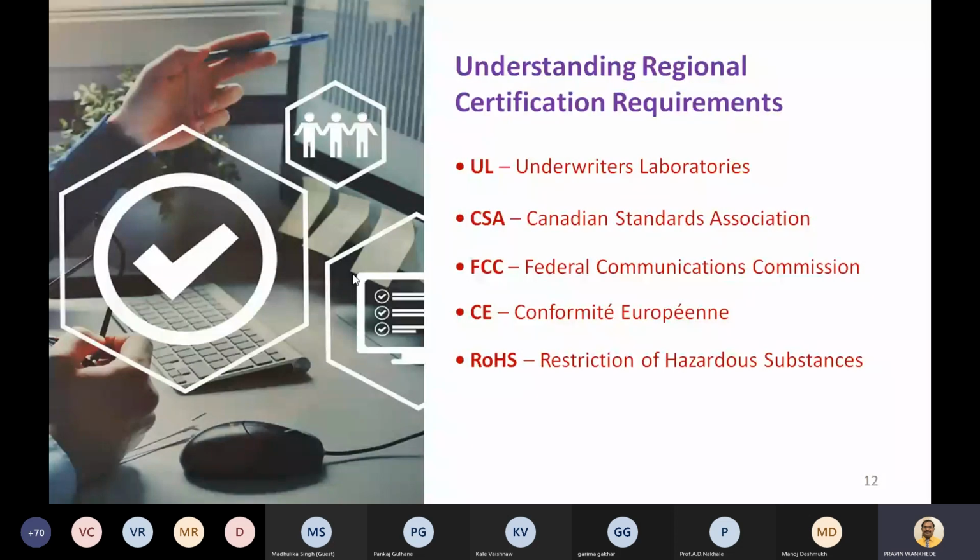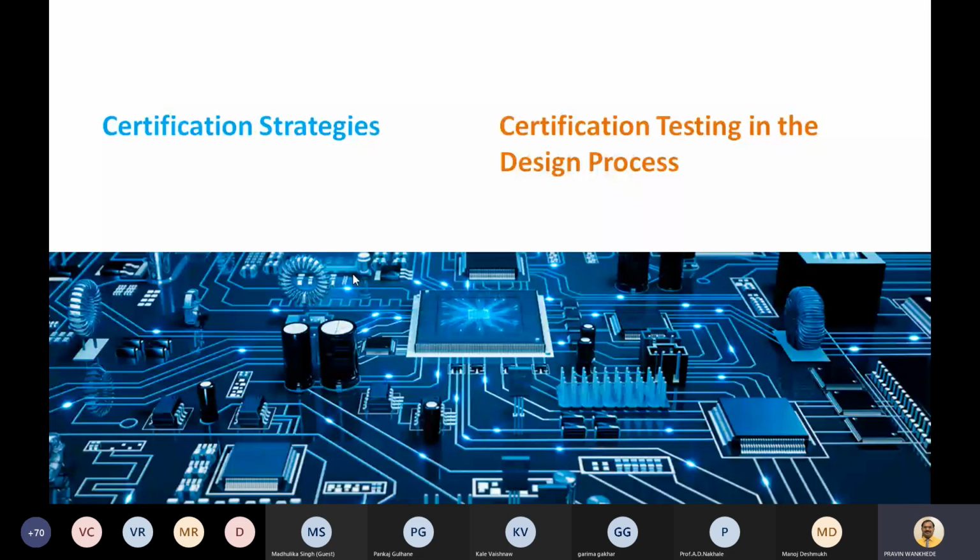Okay, so I think this is good with the different certification requirements. Then the next topic is what are the different certification strategies that you have to take care of while we go for the development of our product, for the certification process. So generally, we can say that certification strategies begin early in our design process itself.